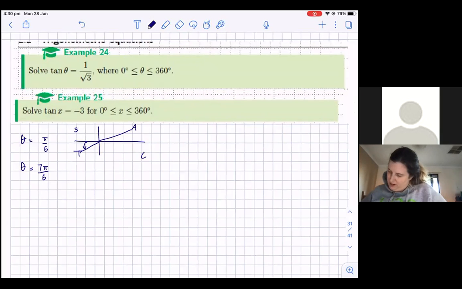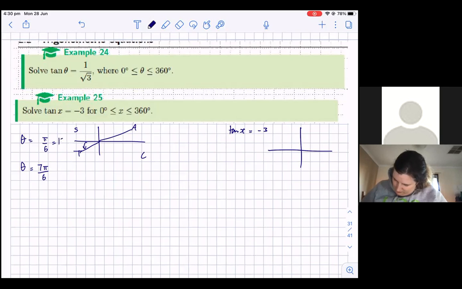For tan x equals -3, when does tan come out as 3? We're in degrees, not radians. Pi on 6, that's 15 degrees. 7 pi on 6 is 195 degrees.